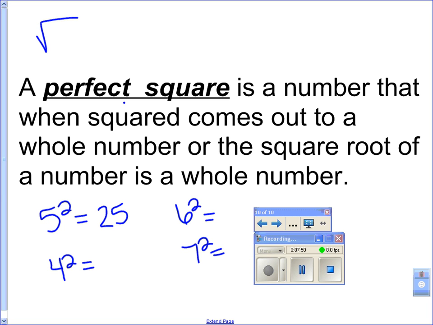The square root of 81 is going to be a perfect square. That's 9. The square root of 9 is going to be a perfect square. That's 3. So remember, a perfect square equals a whole number.